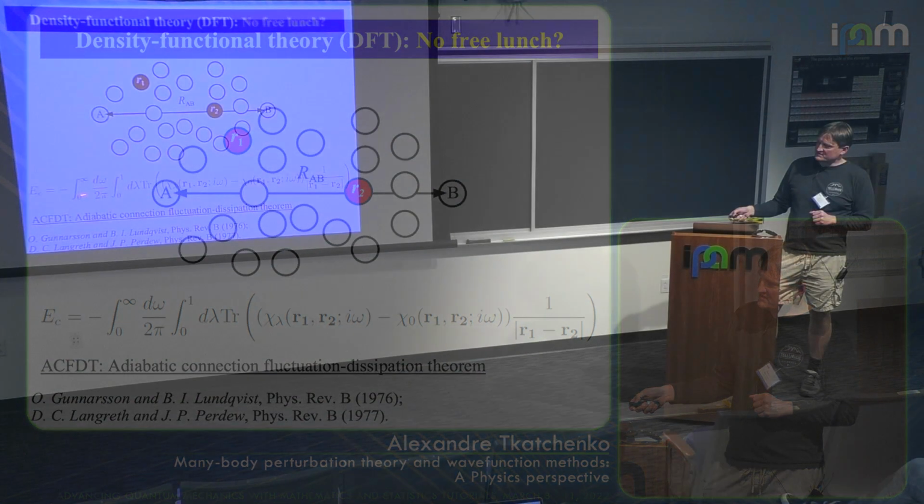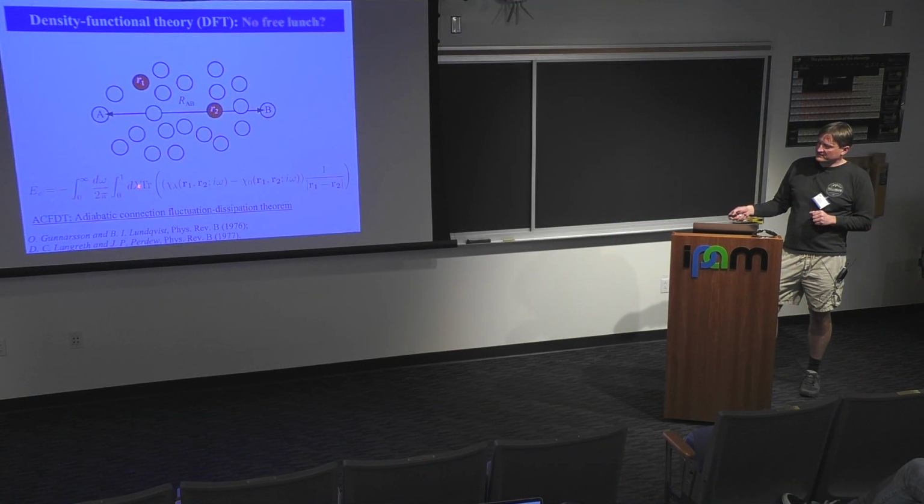This integral depends on lambda, on omega, and then this trace means integration over R1 and R2, right? So it's an 8-dimensional integral, with spatial, frequency and this lambda parameter. And if you can compute this integral, well, you get the exact correlation energy, if your function chi is an exact function.